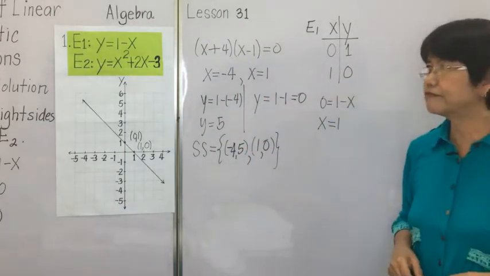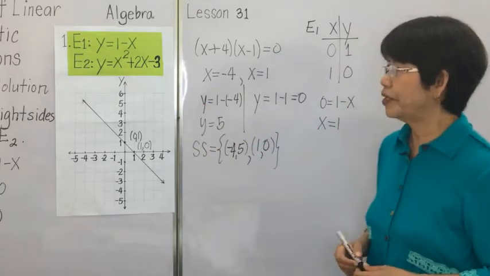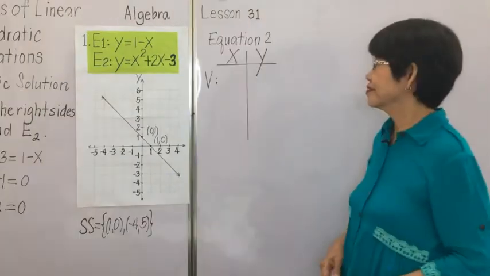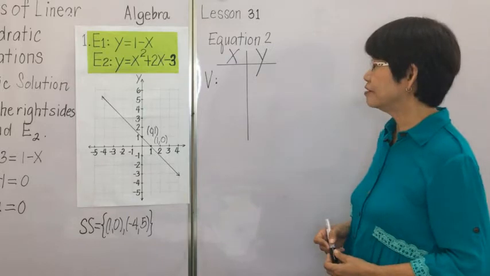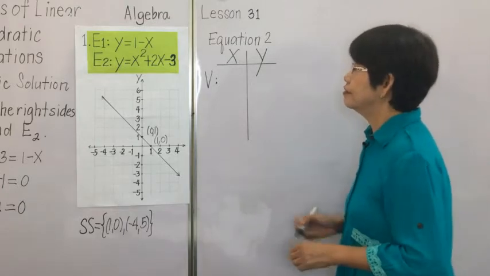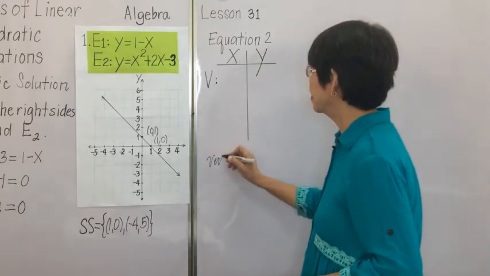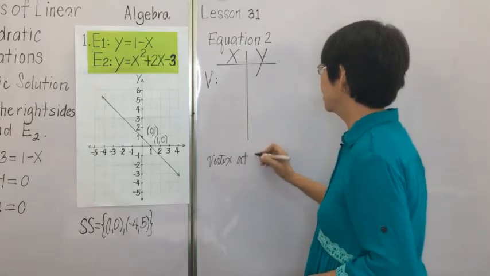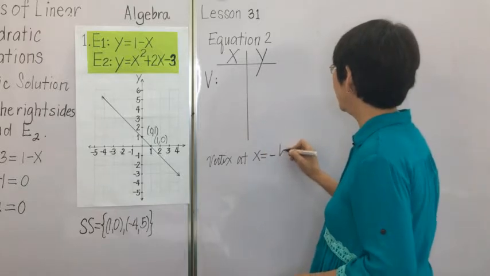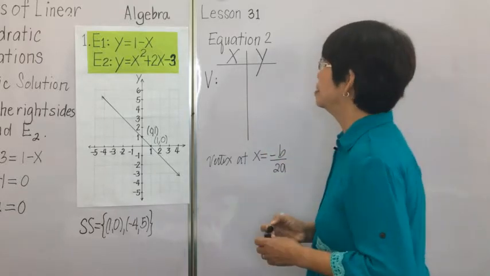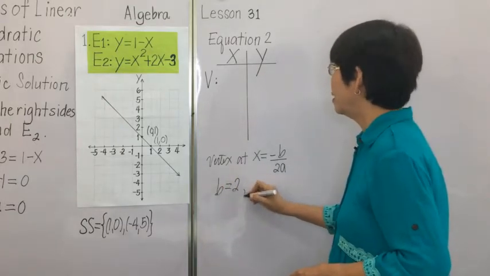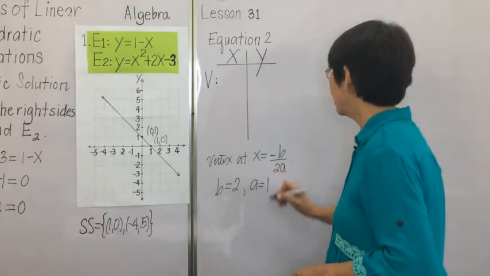This time we will graph the second equation. We have to solve for the vertex of the equation. For our equation 2, the values of the vertex and neighboring points will be solved. So we have the vertex at x is equal to negative b over 2a. So we have b is equal to 2 and a is equal to 1.